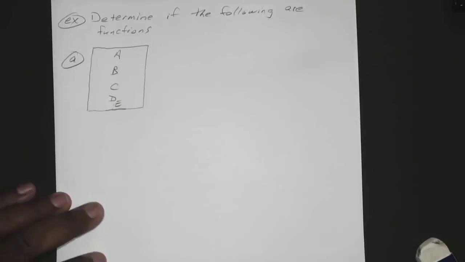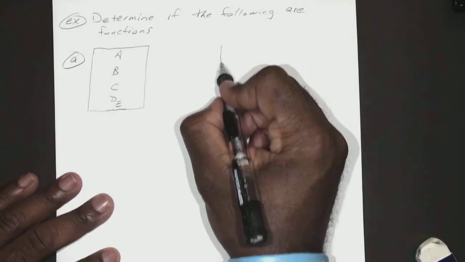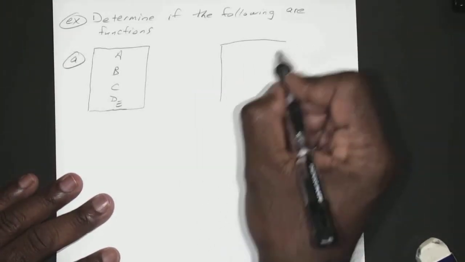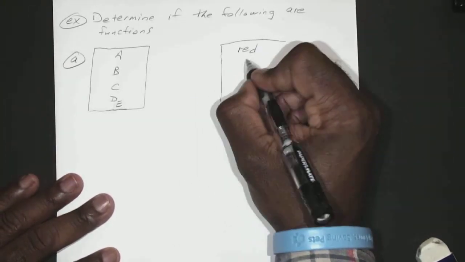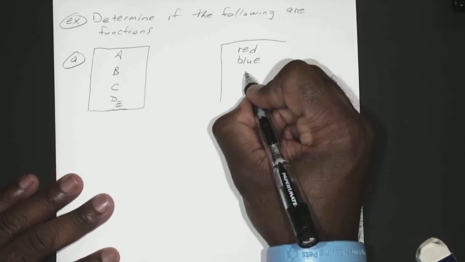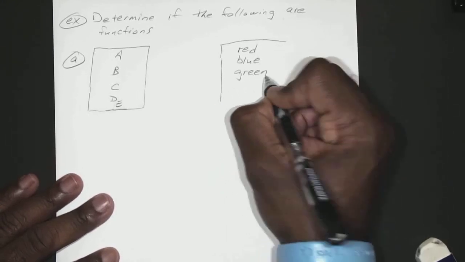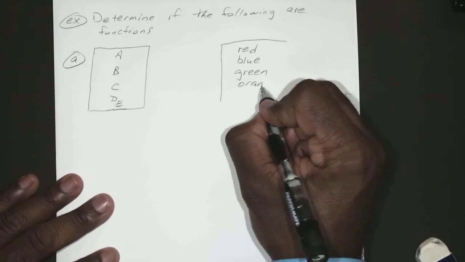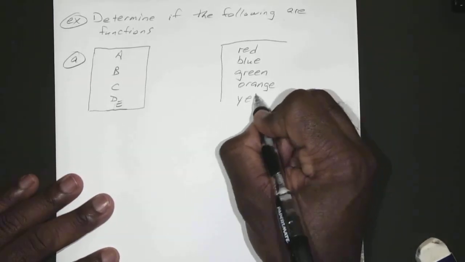There we go. And let's say for this table, we have red, blue, green, orange, and yellow.